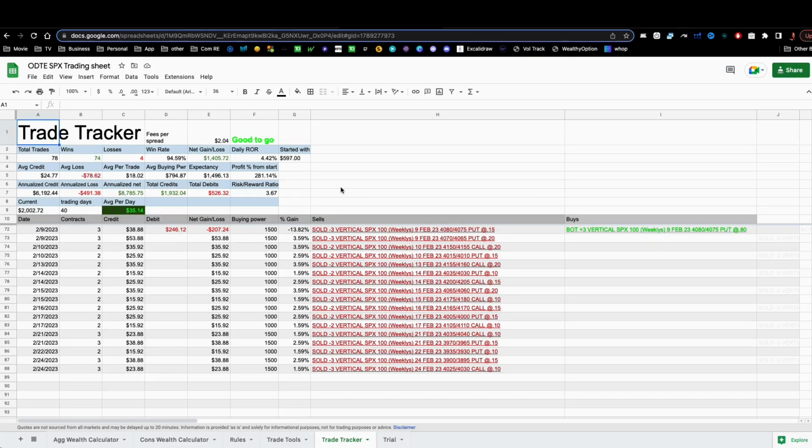So far, as far as the results, once again, I started with $500 in this account. And this is a test account, so it's not real money, but I am trading real money on the back end with my own account with the same trades. That helps because when you're trading with a paper money account, at least on Thinkorswim, the fills that you get are absolutely unrealistic.